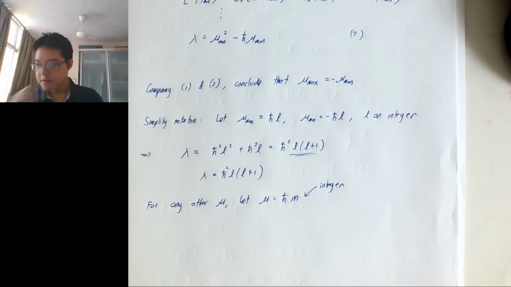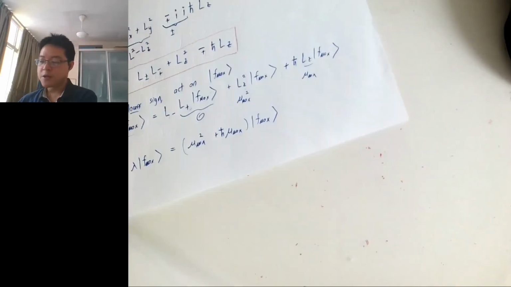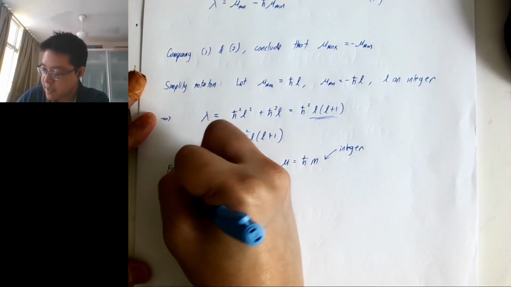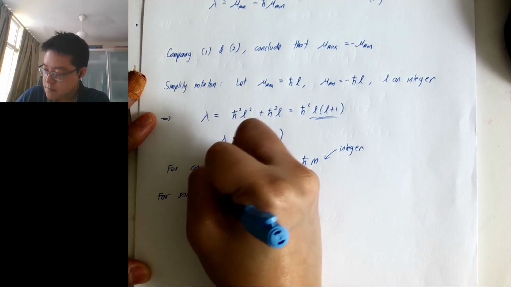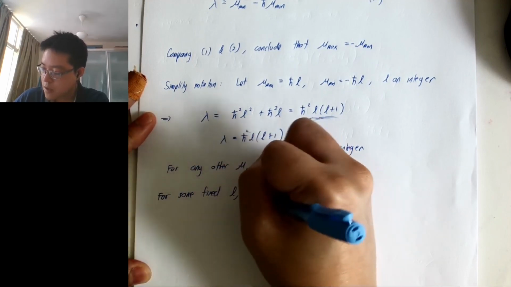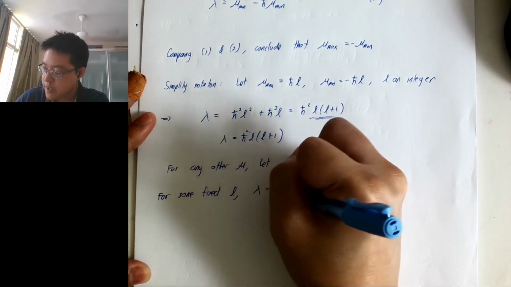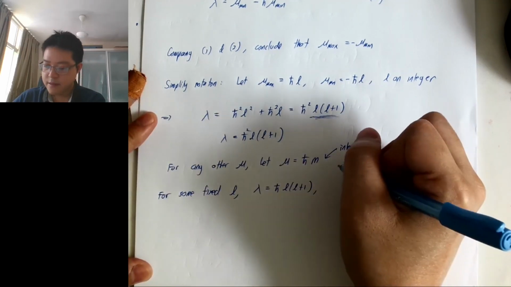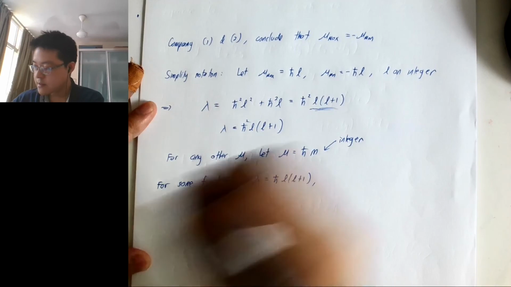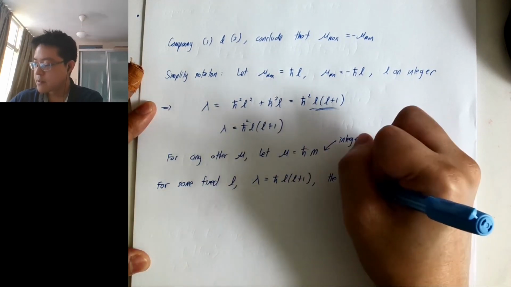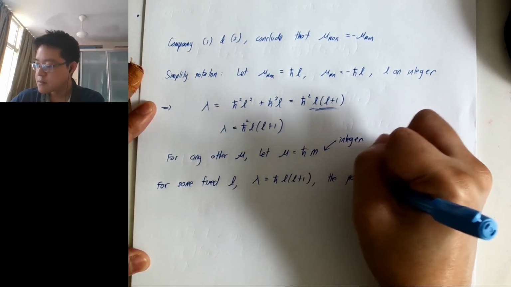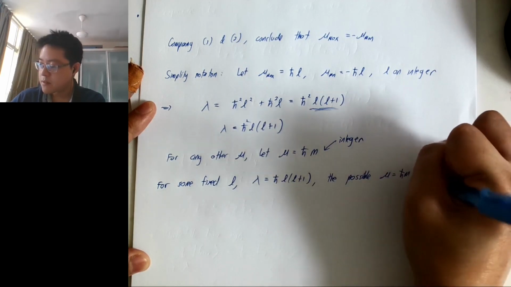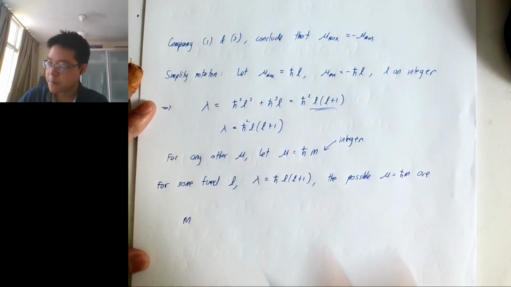Okay, so now we know, right? Now we can finally figure out the answer of lambda. So for some fixed L, we can conclude that lambda is equal to h bar square L plus 1, right? And then the possible values of h bar m depend on the m, right?